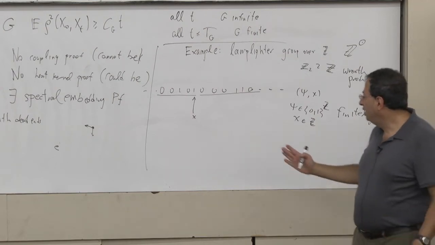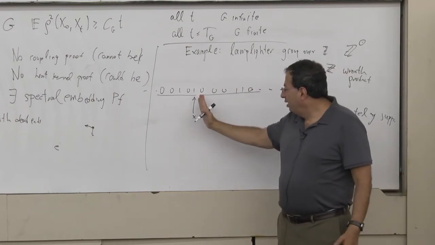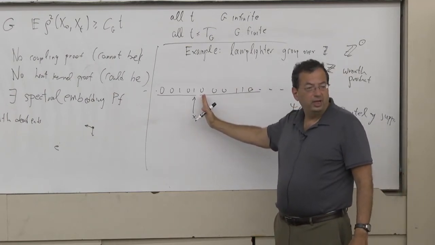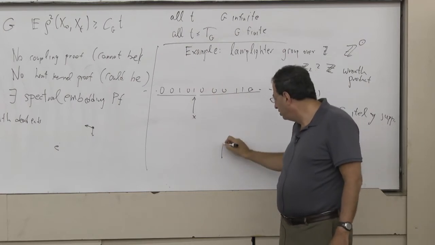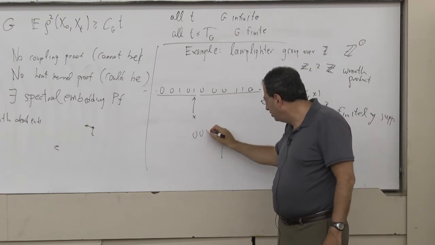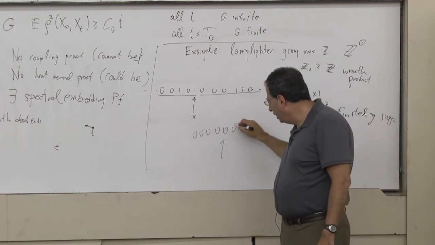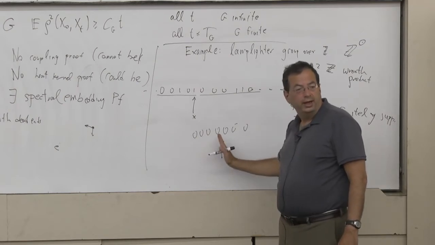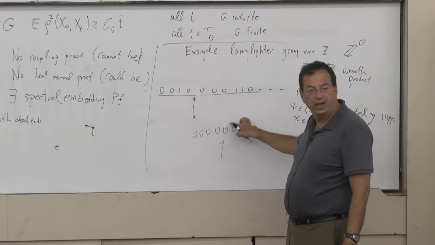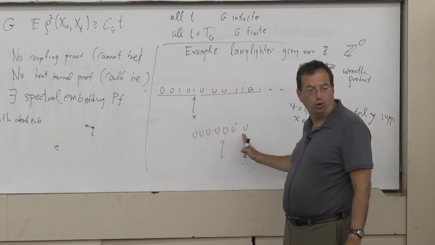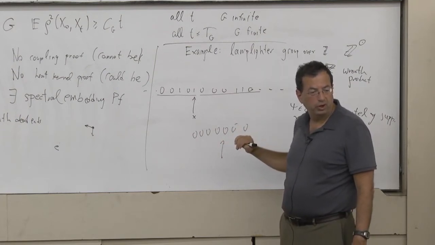It's easy to see that in n steps, I could get to any configuration of the first n over 2 lamps. The identity of the group is just the all-0 configuration with the marker at the origin. In n steps, I could get to any state of the first n over 2 lamps, because I just walk and turn on part of the lamps.